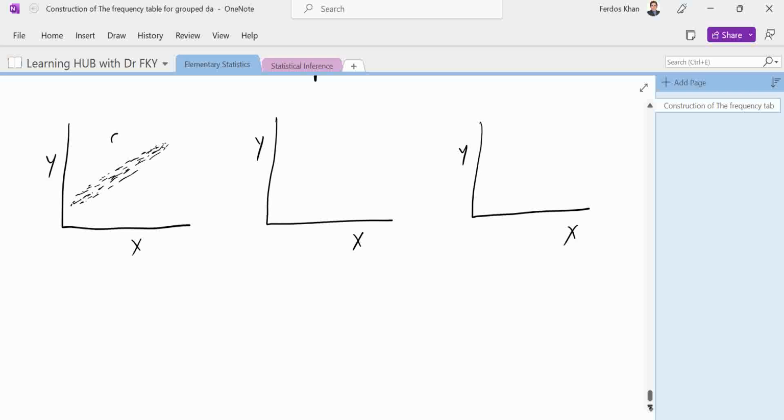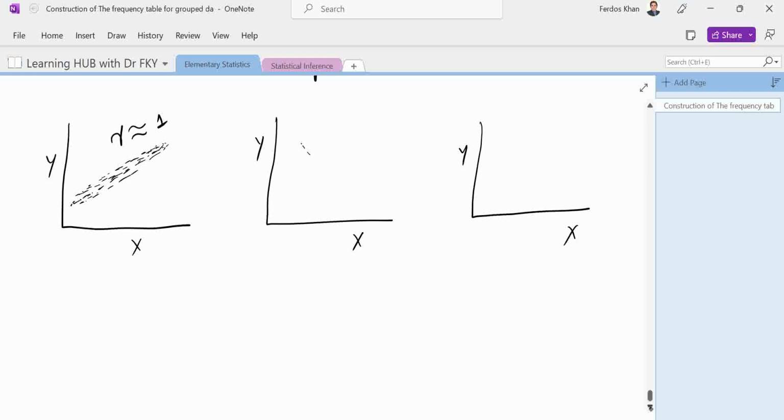This means that the value of the correlation coefficient is close to 1. If the data looks like this, yes, both variables are moving in the same direction.